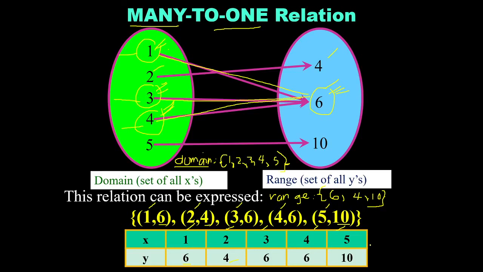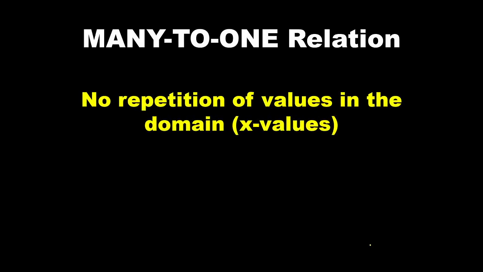So, what have you noticed now? What is repeating in many-to-one? Is it the x or the y? Okay, so that is now the property that we will be emphasizing here. The first property, no repetition in x. Look at our x values.